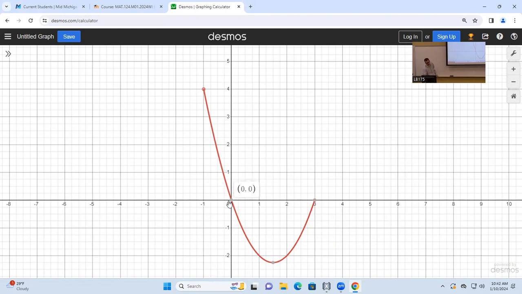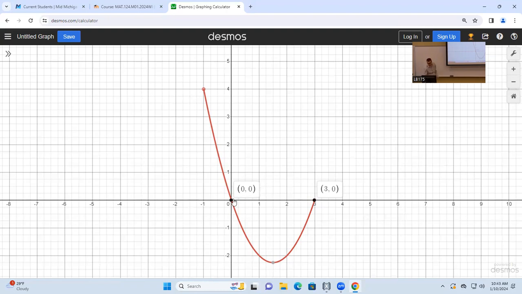Now, here's where sometimes people get thrown off. Let's say we go from (0, 0) to (3, 0). If I said between those two points, what's the graph doing? The graph is not staying constant. Just because I started and ended at the same y value, 0 in this case, does not mean that the graph is constant.